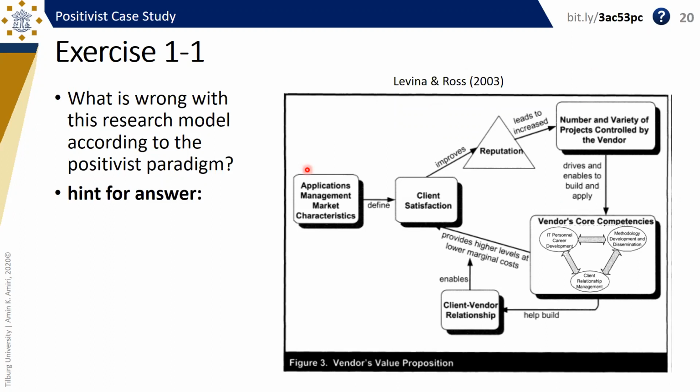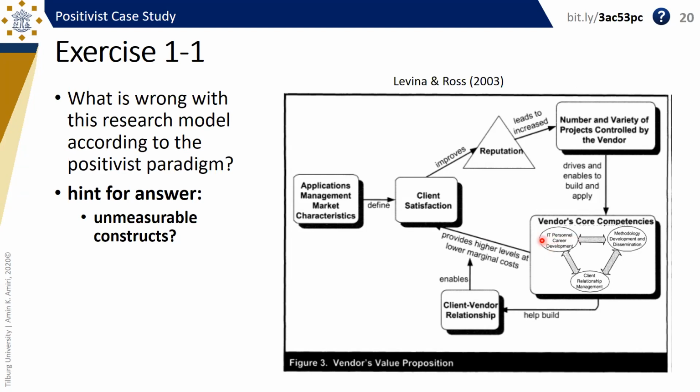Let me give you some hints, and then perhaps you can help. Do you see unmeasurable constructs here? Who wants to give me an example of an unmeasurable construct? Anyone? You see here, for example, we have IT personnel career development.